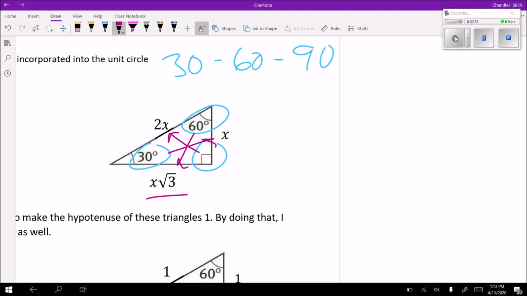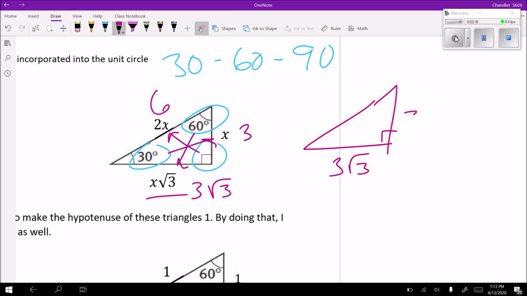Let's say, for instance, this would be 3. Then across from the 90 would be 6, because 2 times 3 is 6. And across from the 60, we could have 3 root 3 as a length. That would actually be a decimal, but we keep it as 3 root 3. That's a perfectly fine triangle. If it's a 30, 60, 90, I could have 3 root 3, 3, and 6 as a hypotenuse.